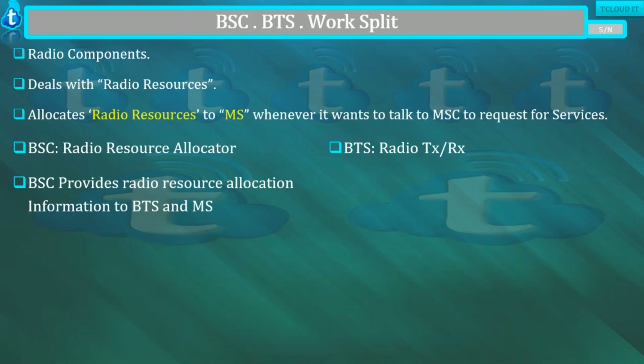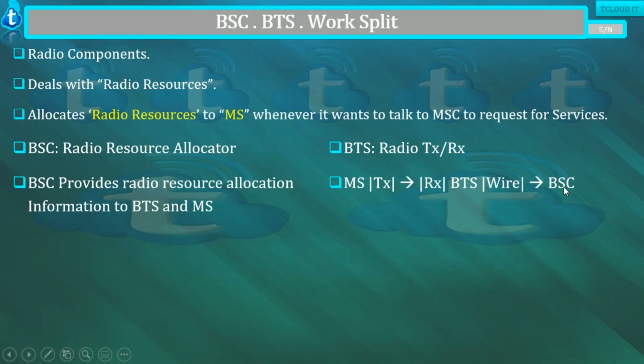And then what does BTS do on the other hand? BTS will keep doing radio transmission and reception. It will be transmitting the data to the mobile by using the radio link. It will be receiving the data from the mobile by using the radio link. It is going to do those simple activities. And whatever data it has received from the mobile station, when mobile transmits something, BTS receives it.